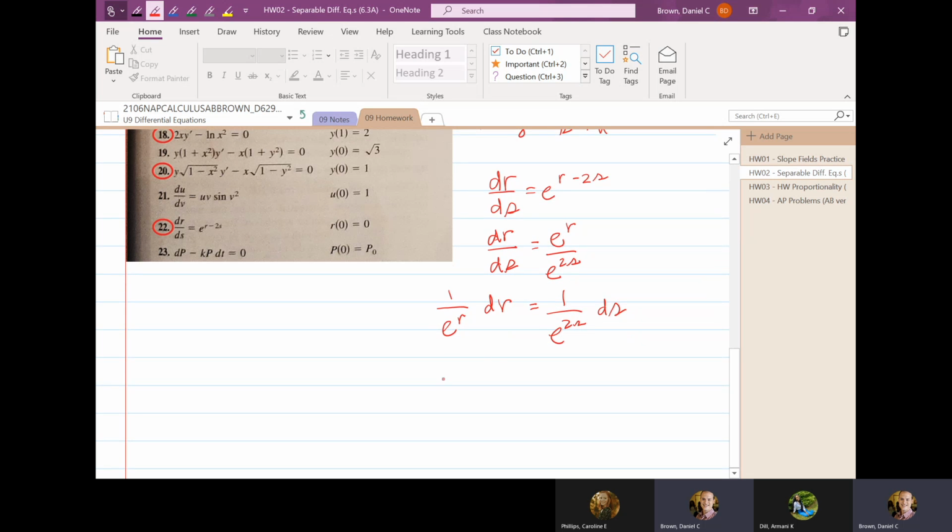Because really what you're integrating is e to the negative r dr is equal to e to the negative 2s ds. And then you have your u sub. And that would be not simplified, but that would be your antiderivative.